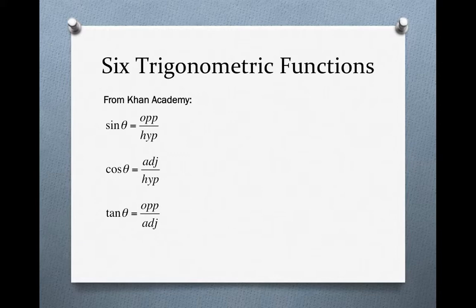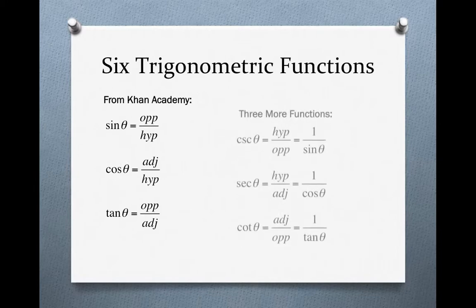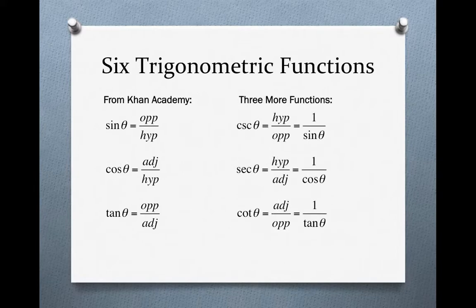Now again, this is only true when we're dealing with right triangles. But along with those 3 trigonometric functions, we have 3 others that maybe we are not as familiar with. And those 3 are the reciprocals of the first 3.